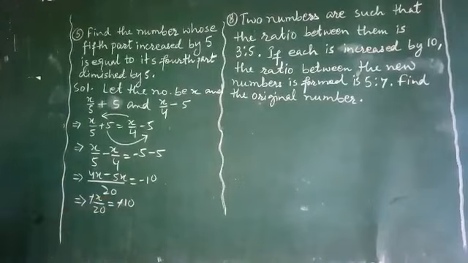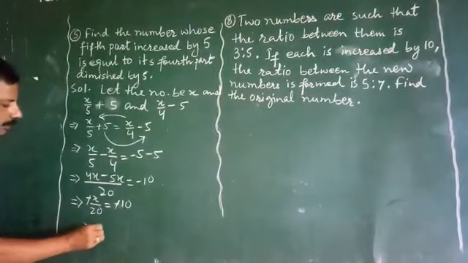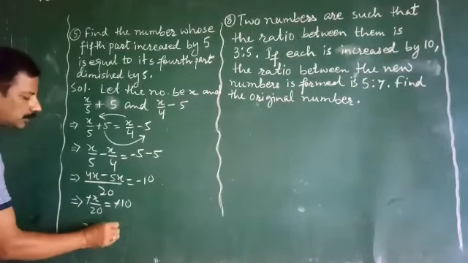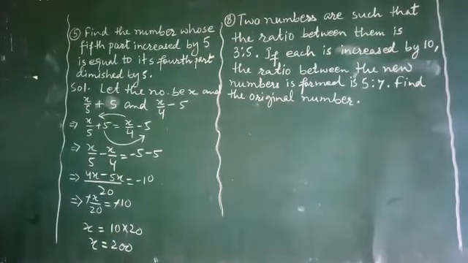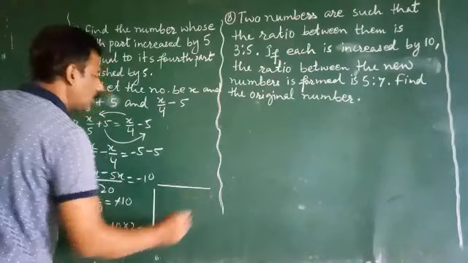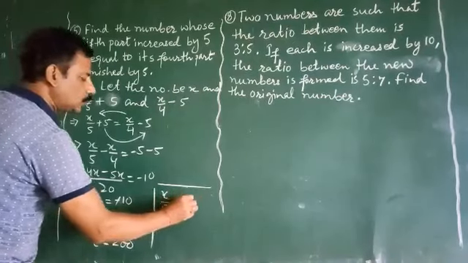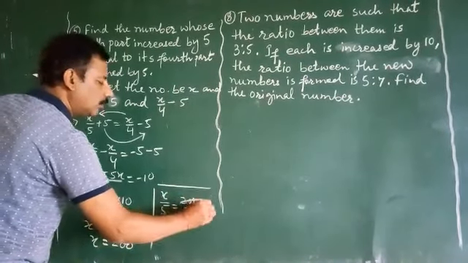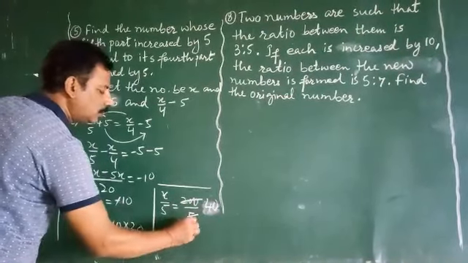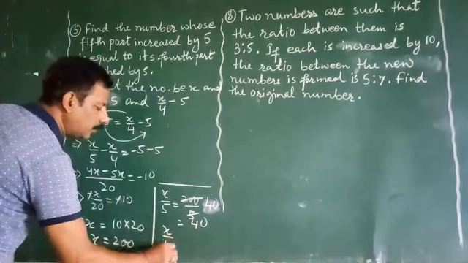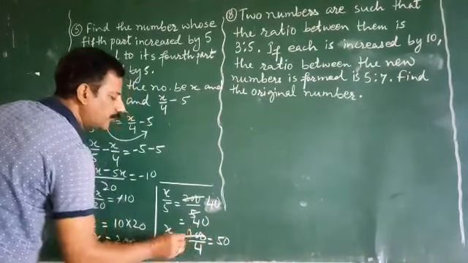The minus sign from both sides cancels and x equals 10 into 20, hence x equals 200. Hence the fifth part, x by 5, equals 200 by 5, that is 40, and x by 4 equals 200 by 4, that is 50.